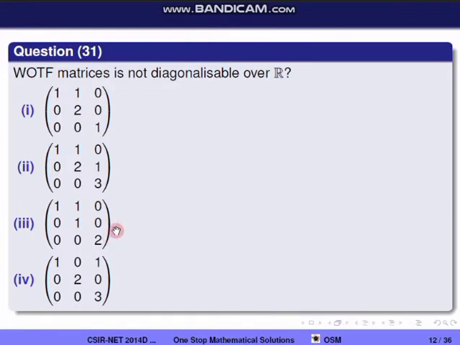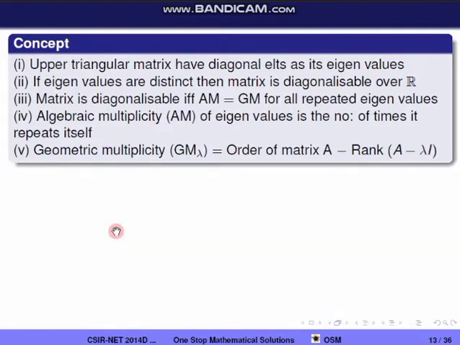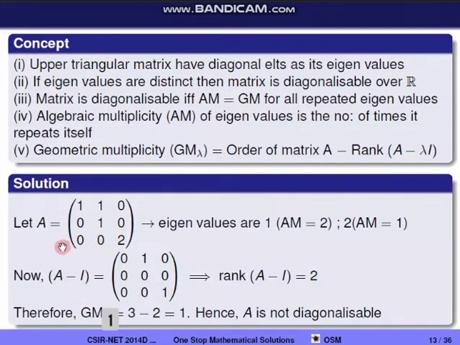For the third option, we'll check that. So let me take the third option as A, which is equal to [1 1 0; 0 1 0; 0 0 2]. So eigenvalues are 1 with algebraic multiplicity 2 and 2 with algebraic multiplicity 1. So we have to find the geometric multiplicity for the eigenvalue 1. For that we first have to find the rank of A minus lambda I. Here lambda is 1, so we have to find the rank of A minus I. So we find the A minus I matrix, which is equal to the matrix here.